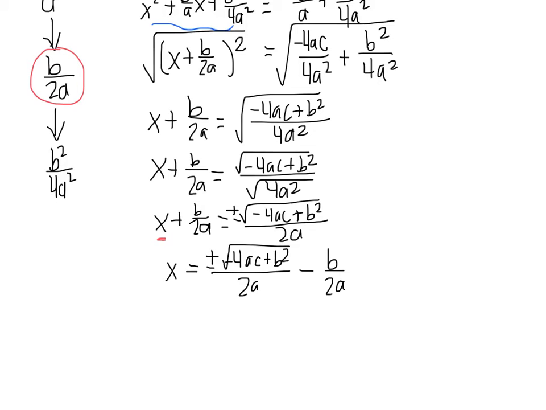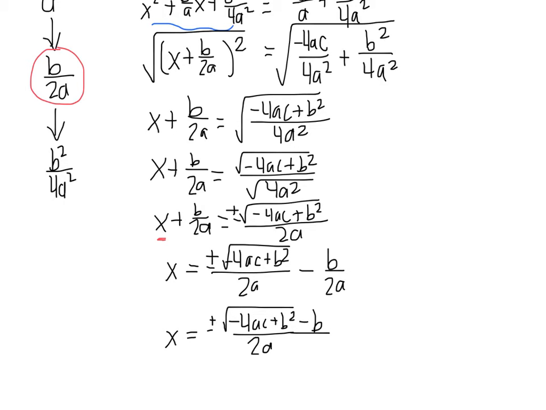When we move that over, you notice it's a fraction that already has a common denominator with the fraction that was there. So we're going to combine these two fractions and get plus or minus the square root of negative 4ac plus b squared, all over 2a, minus b.